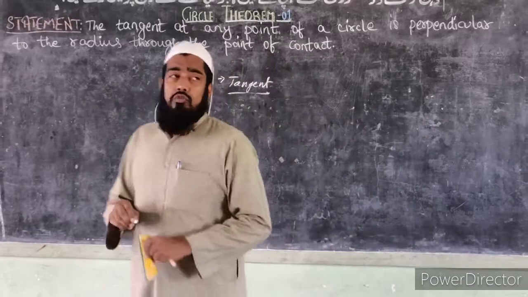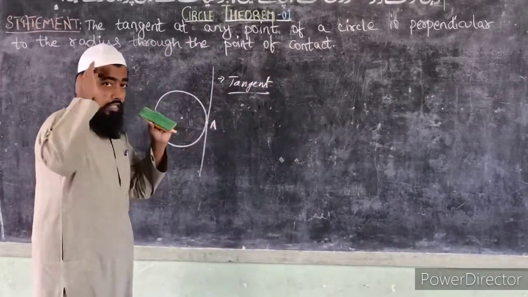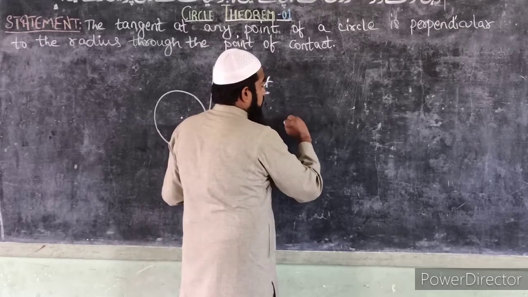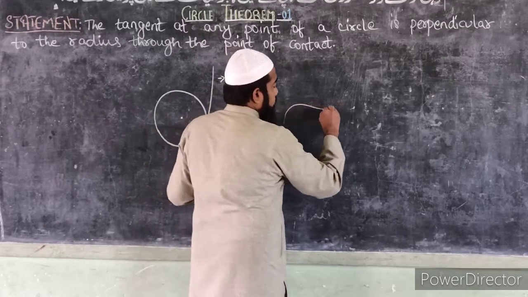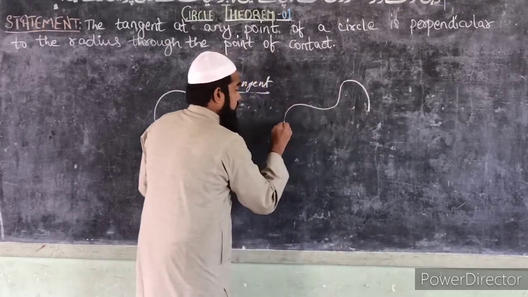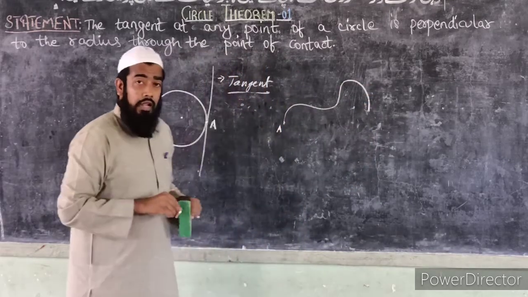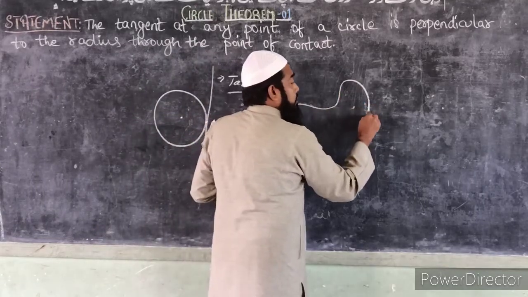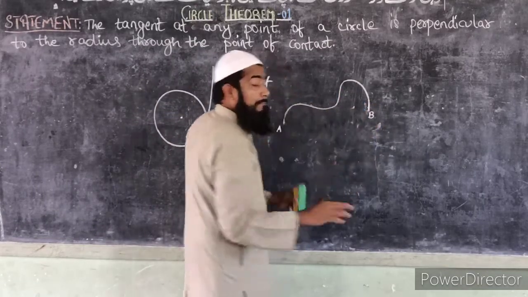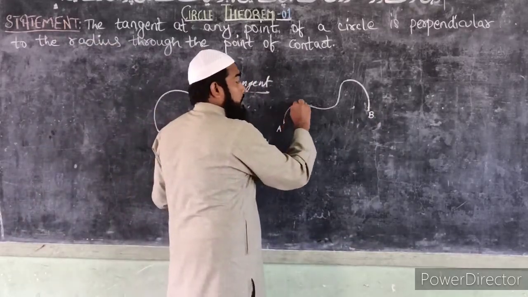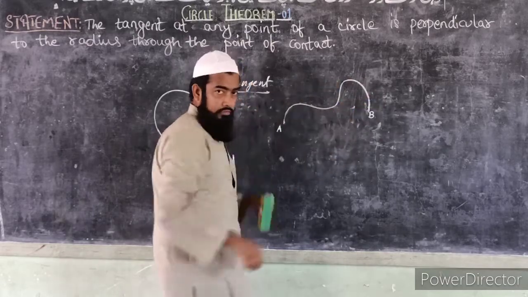Second thing, just try to understand the concept here. Suppose there is a curved road. A person starts his journey from point A and through this way the person reaches point B. This is the distance which he traveled.